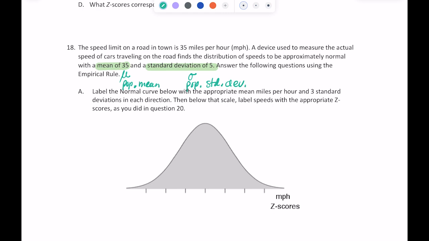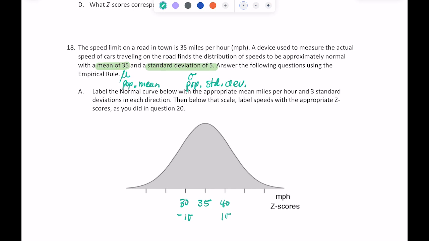Okay, so we know that the mean goes in the middle because it's the average. So 35 is going to go in the middle. And since my standard deviation is 5, I'm going to add 5 to 35 and I would get 40. And that represents 1 standard deviation above the mean. Okay, 35 minus 5 is 30. That would be 1 standard deviation below, and so on.